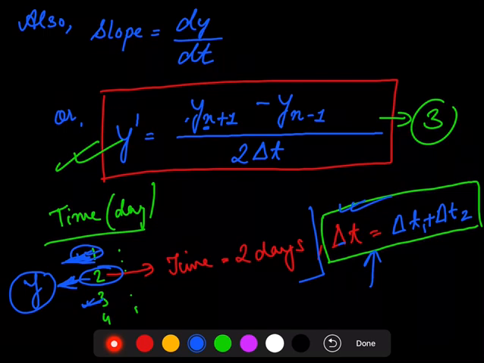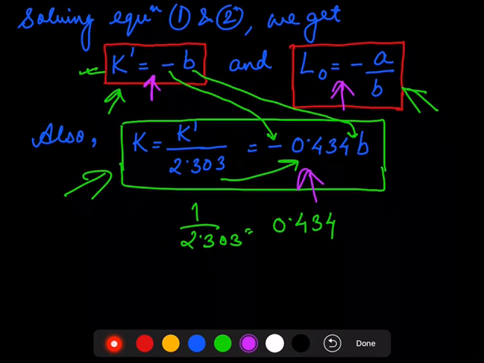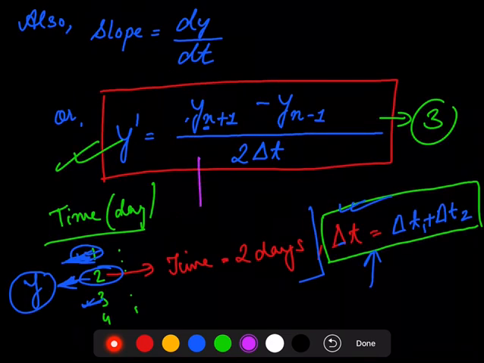Just remember all the formulas that were given. This formula you remember, this formula, this formula, and finally this formula. Then it will be clear when you solve the numerical. We'll move to the next method.